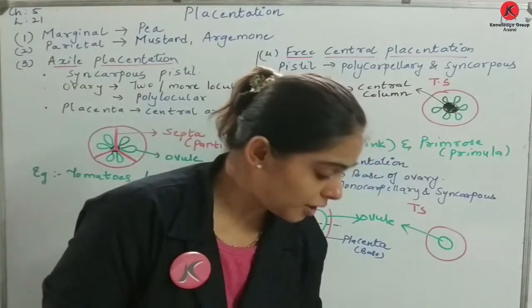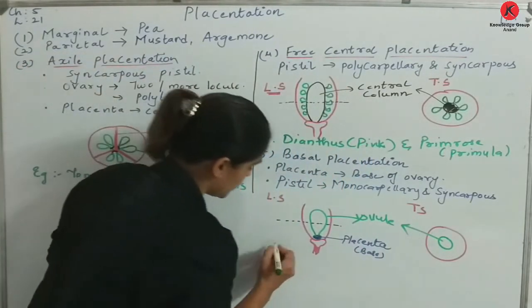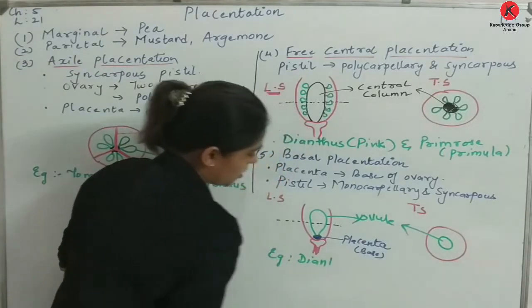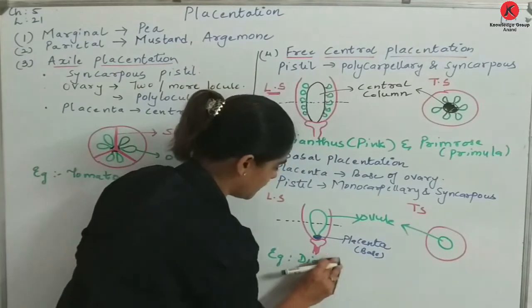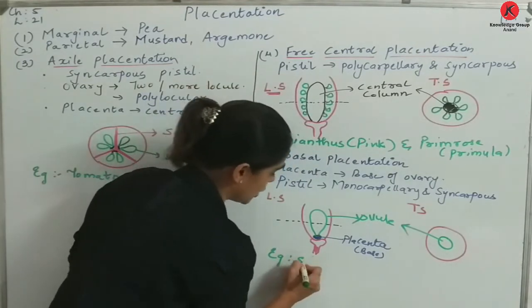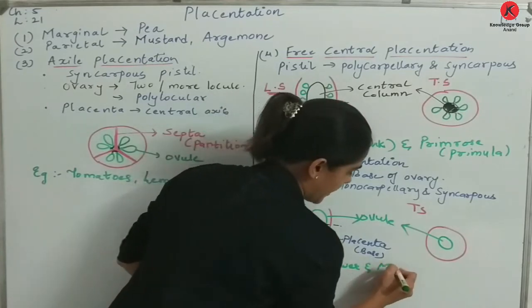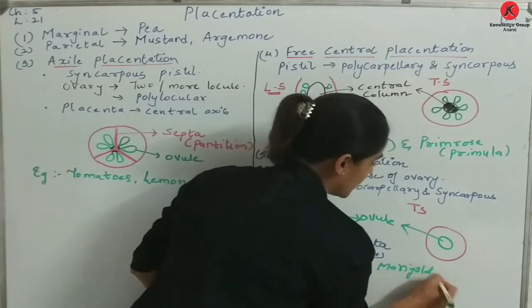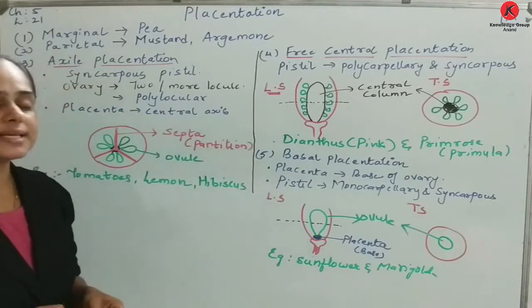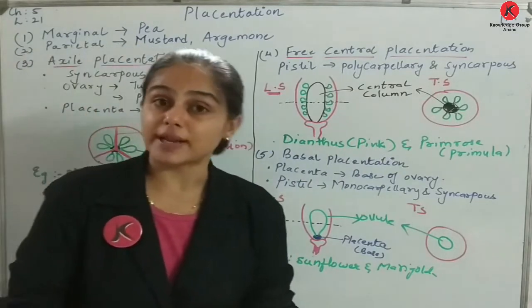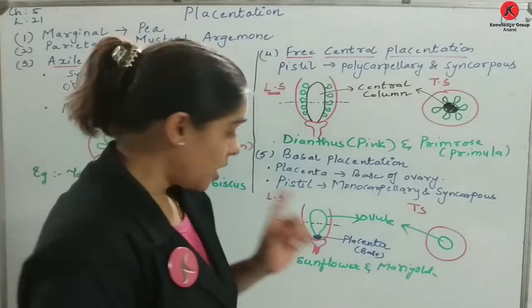And an example of the same is your sunflower and marigold. Sunflower and marigold come under basal placentation. Am I clear?